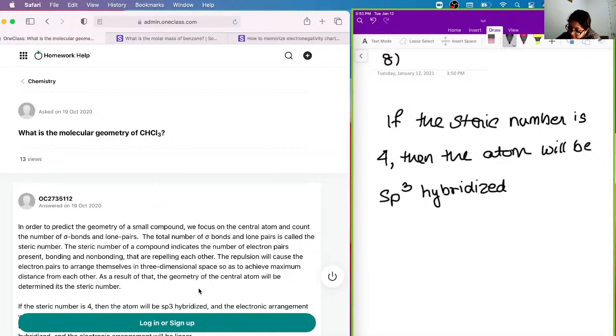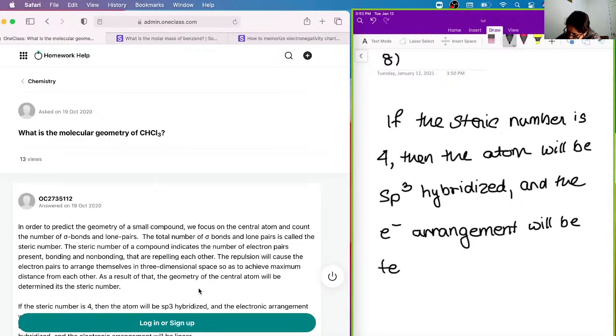And the electron arrangement will be tetrahedral.